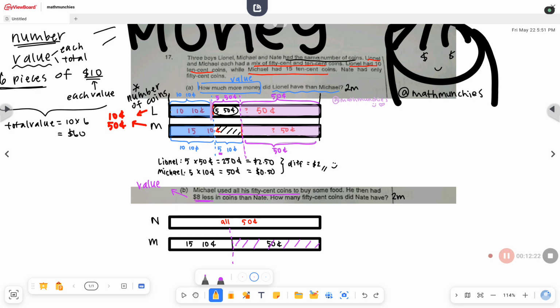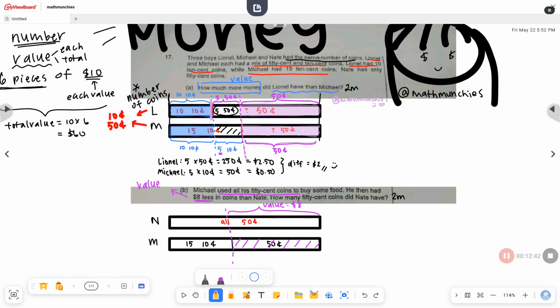Less by how much? $8. So what does that mean? It means that this right here, the value is how much? How much is the value in this area? $8. So far so good? Clear?